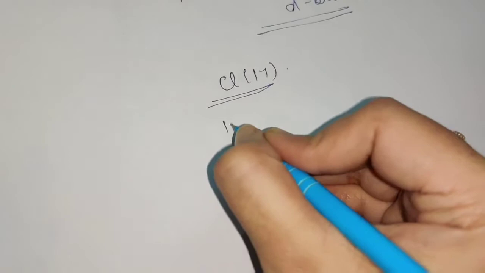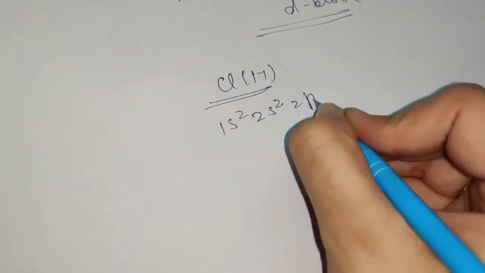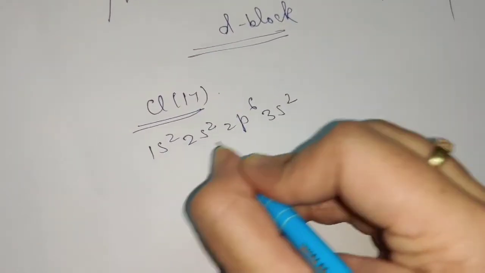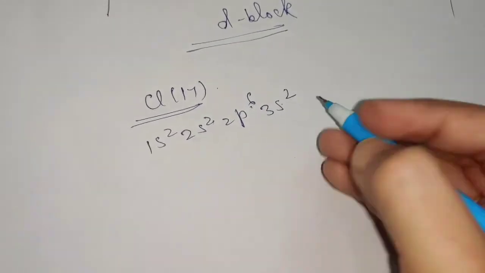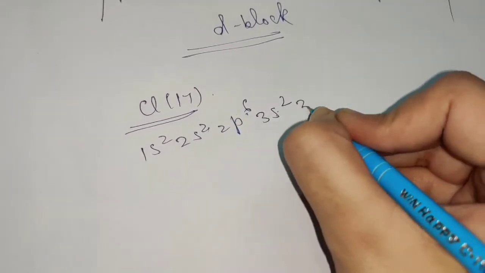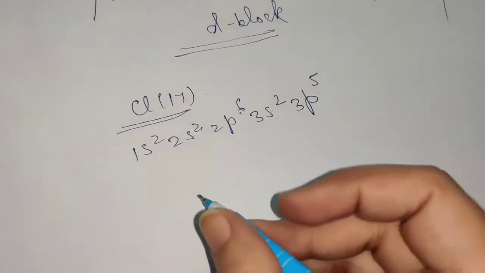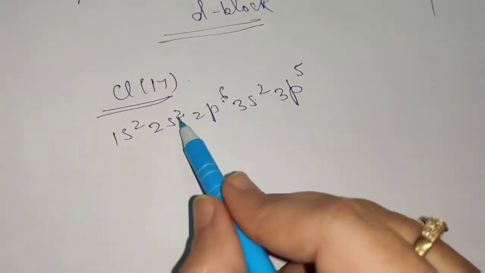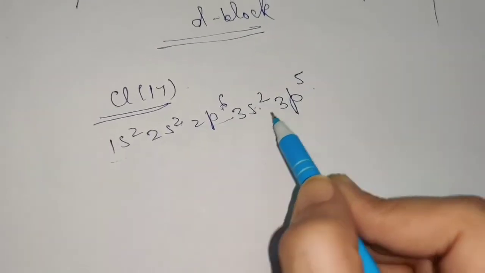Now when you write the electronic configuration, it will be 1s2, 2s2, 2p6, 3s2 and 3p5. Now please count the total number of electrons present here: 10, 12 and 17. So this is the electronic configuration.